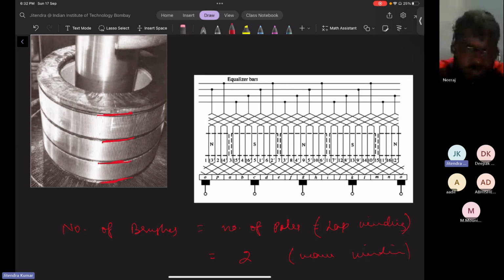Did you get the idea how we connect this? The brushes will be connected on the commutator. When the commutator and armature rotate, whatever circulating current flows will go through this equalizer bus.